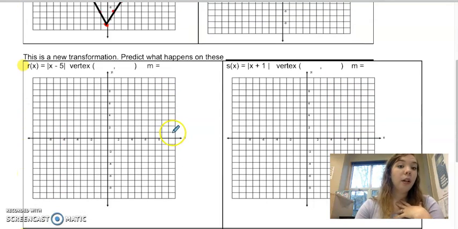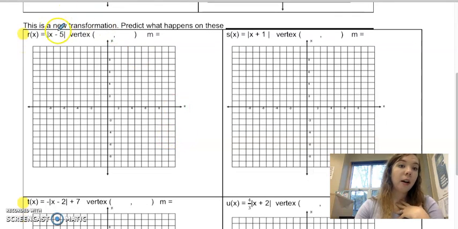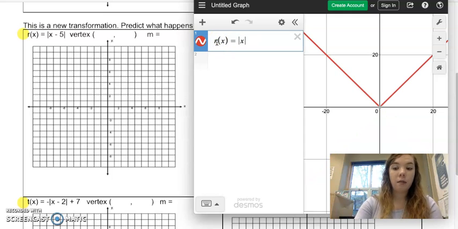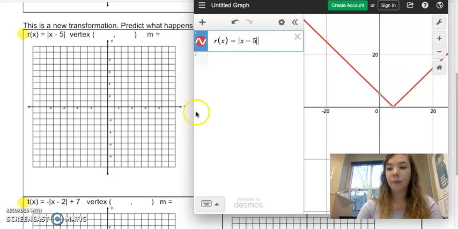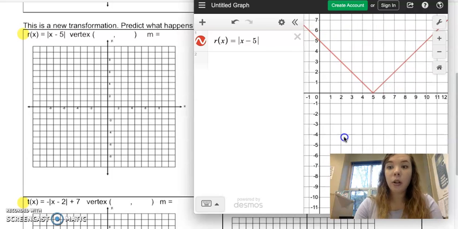Here's a new transformation. Okay, we haven't done one where the minus is inside the absolute value. We've only done them where they're on the outside. So I'm going to go ahead and use Desmos again. This time we have r of x and x minus 5. I'm going to zoom back in here. So it looks like I start at 5, 0.